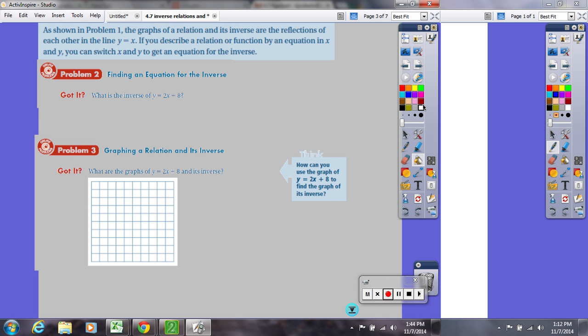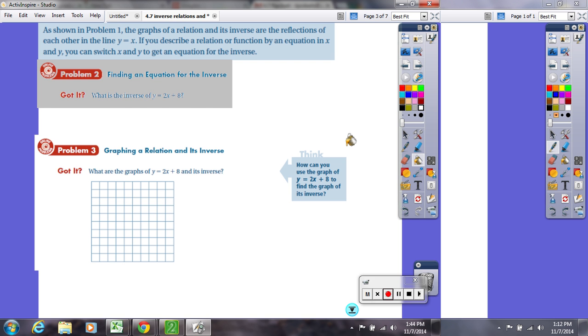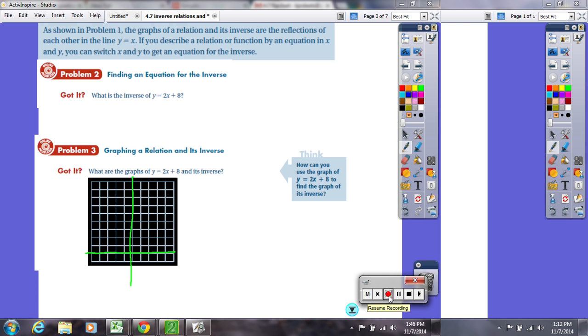So, regular function. This is plus 8. Where did we start out with plus 8 when we graphed it? At 8, right? 1, 2, 3, 4, 5, 6, 7, 8.